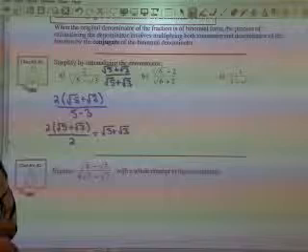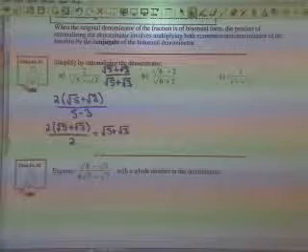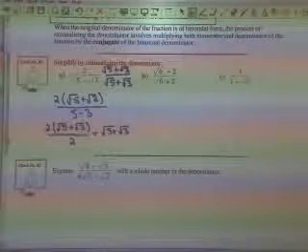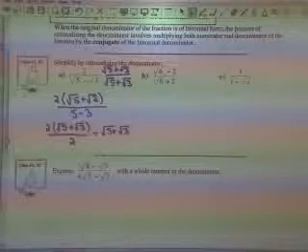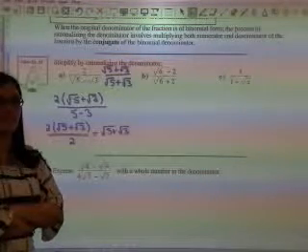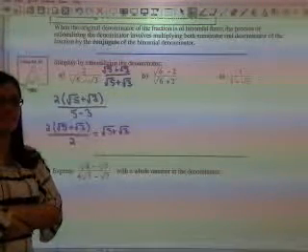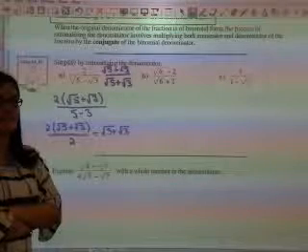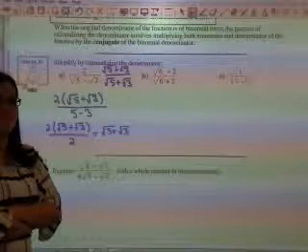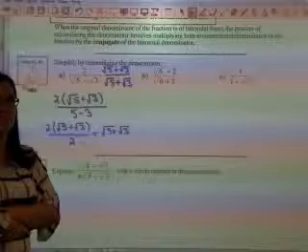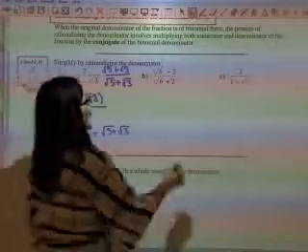So if I look at B, what is the conjugate that I would be multiplying by in B? Root 6 minus 2. Thank you.